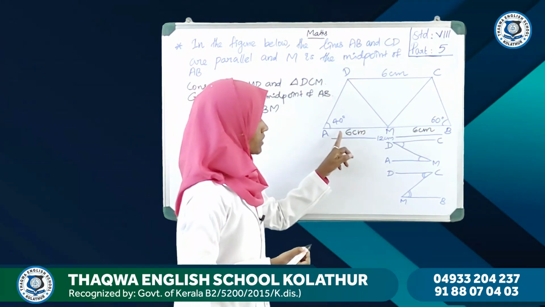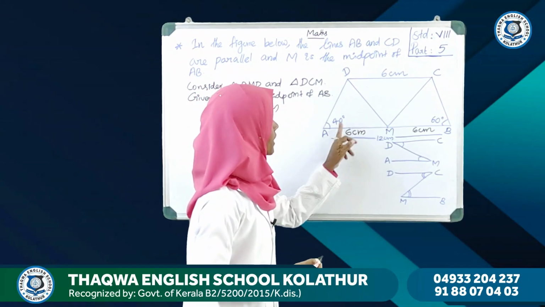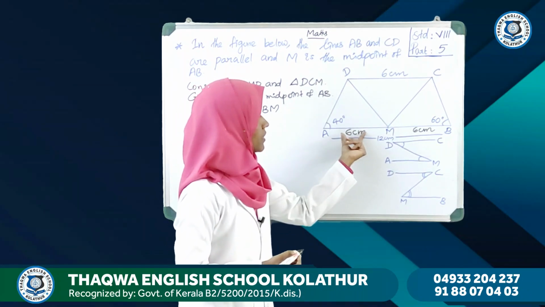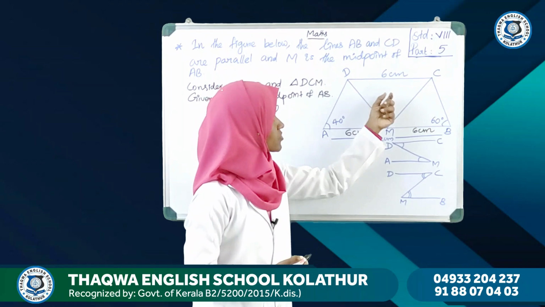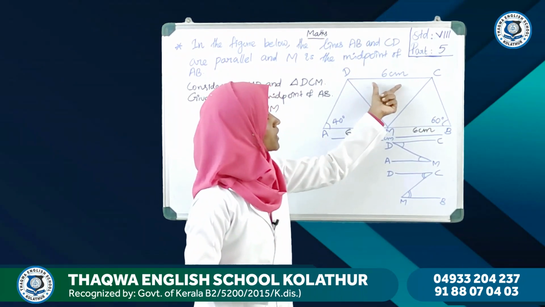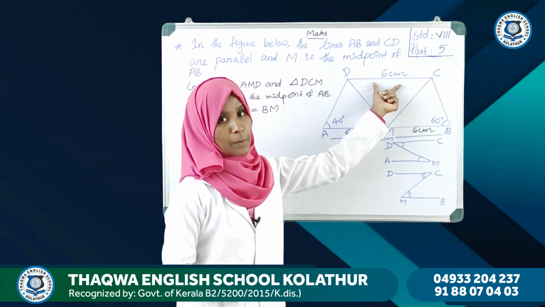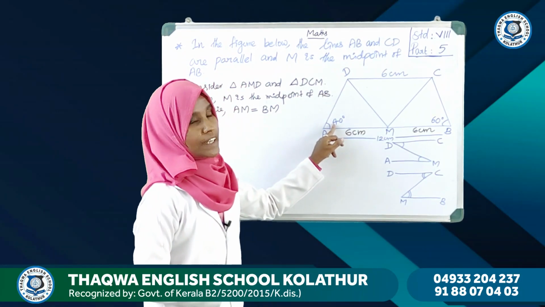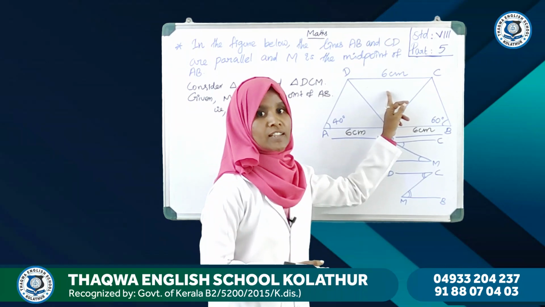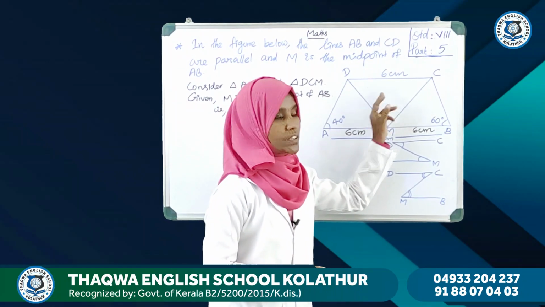That is, in triangle AMD, AM is 6 centimeter, and in triangle DCM, CD is 6 centimeter. Then here you have given one angle 40 degree, but in this triangle there is no angle.